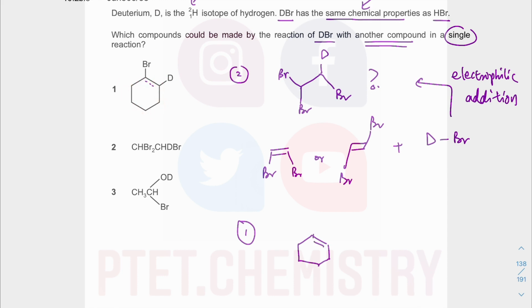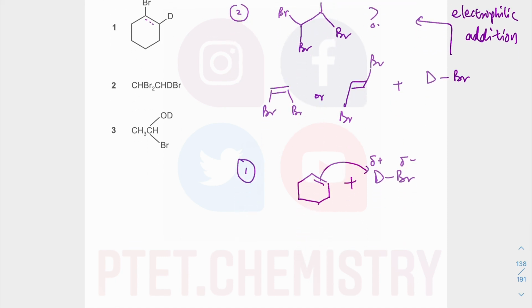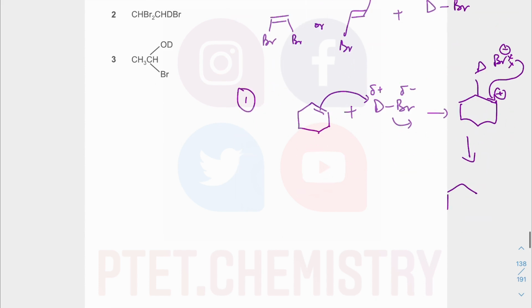I don't have the DBr initially, so I can do another electrophilic addition with DBr. This will also be delta plus, delta minus, and of course, you can do the mechanism, and then you get the carbocation intermediate, for example, like this, and then the lone pair of the Br attacks the carbon with a positive charge, and then you can get DBr.